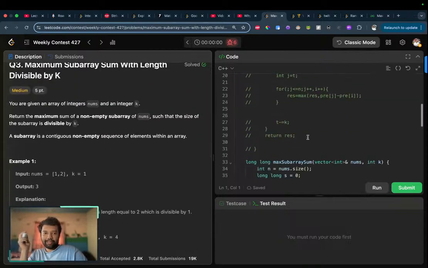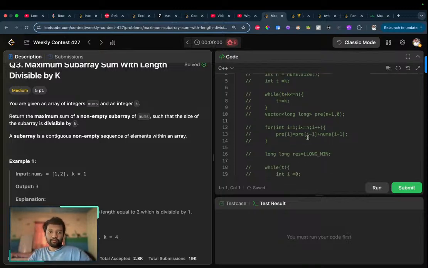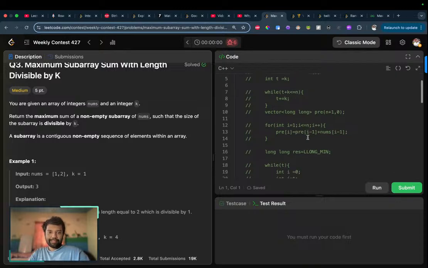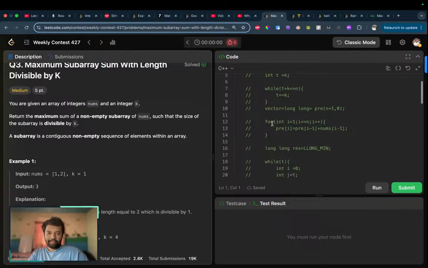The first way I thought of, which gave me a TLE, was to pre-compute, take t as the maximum size that is divisible by k. So that is what I did.